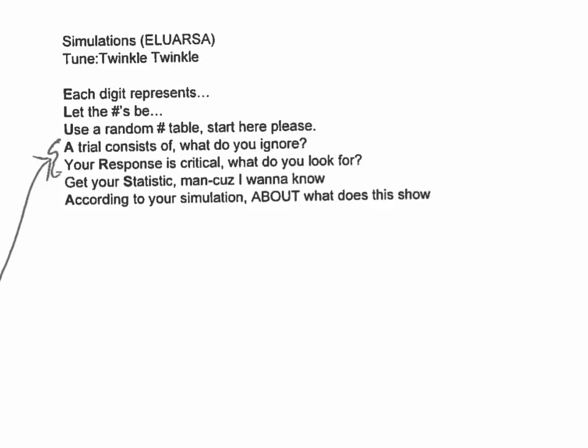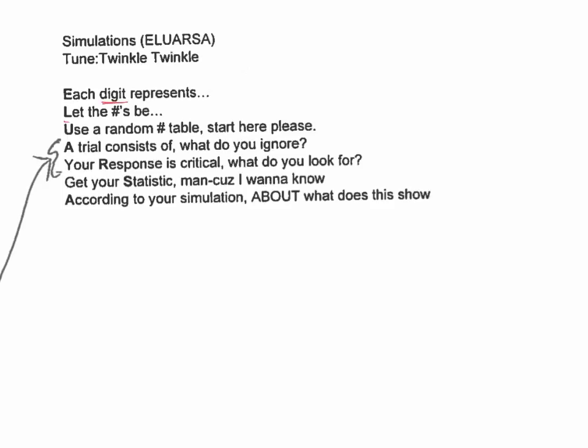Does it represent the gender of the child you have? Does it represent tossing a coin? Does it represent a particular card that is pulled out of a deck of cards? Does it represent the toy that you get out of a cereal box? What does the digit in a random number table represent?